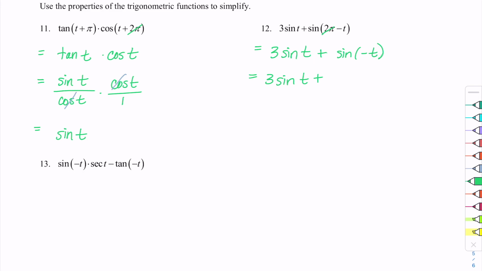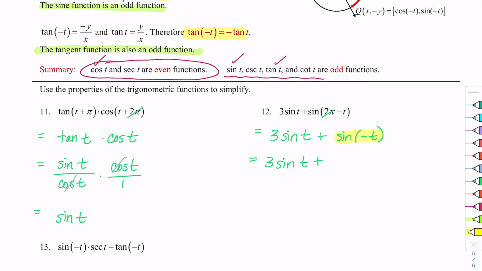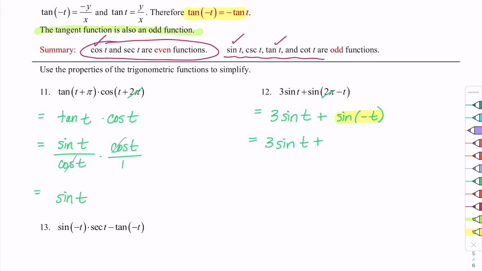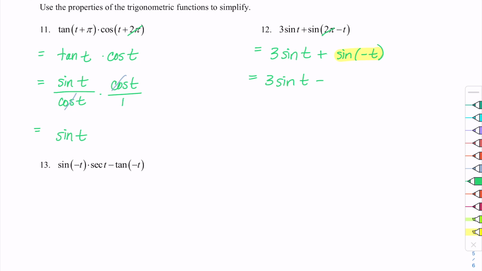When we evaluate the sine of the opposite of that angle, what do we notice? We're just going to get the opposite of that sine. So I can erase this plus sign and write the opposite of the sine of t. Okay, and 3 sine of t minus 1 sine of t is equal to 2 sine of t.